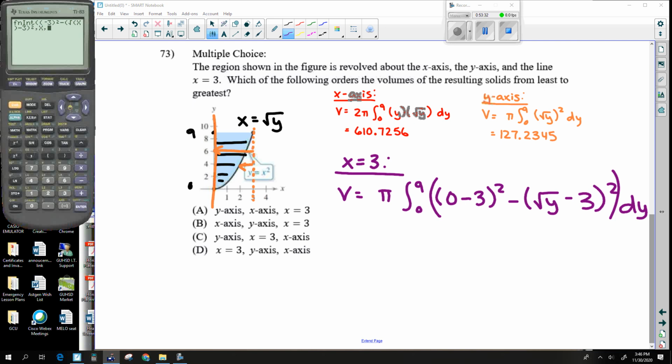With respect to x from 0 to 9. Times pi. And this is 212,057.5.